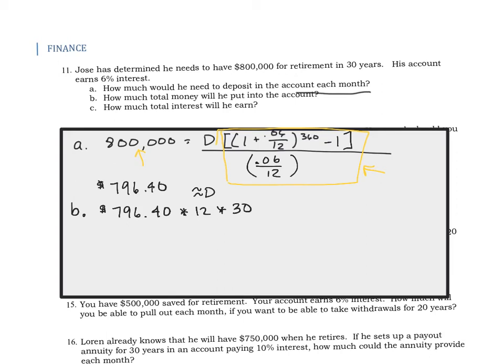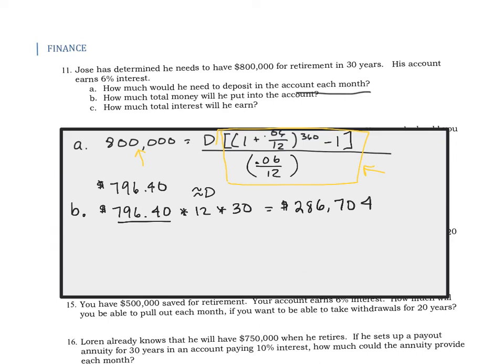So remember, you are not depositing a bunch of trailing zeros. You are depositing exactly this amount. All right, so he will be depositing $286,704.